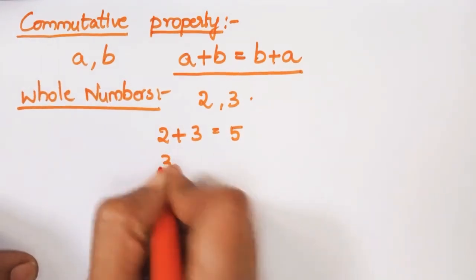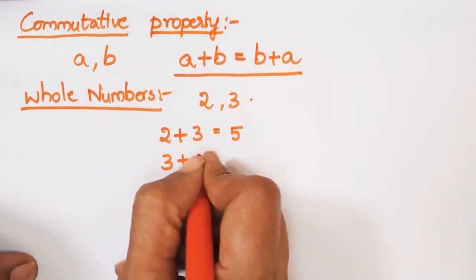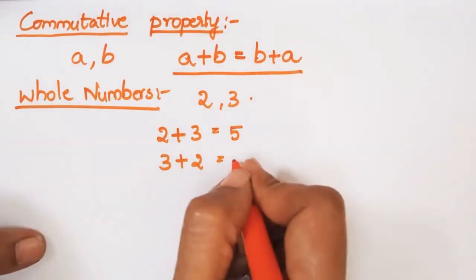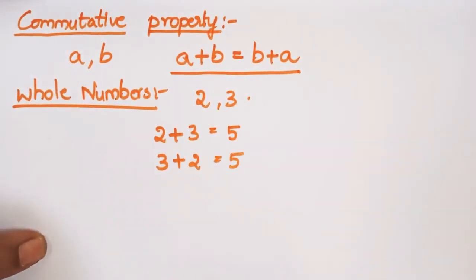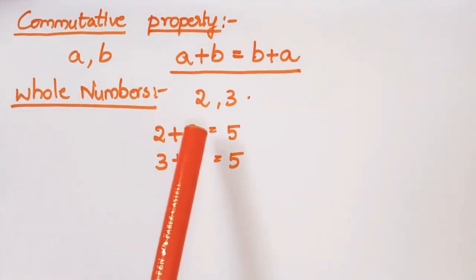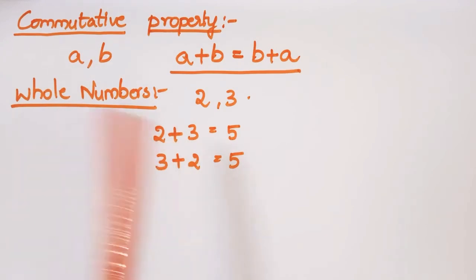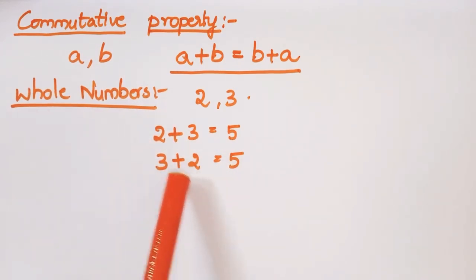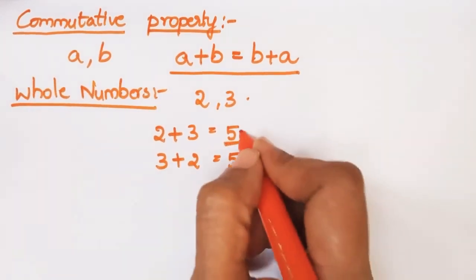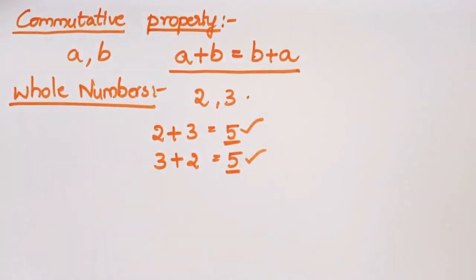Firstly I will take 3, then I will add 2 to it. What is my result? Of course, it is also 5. See, even though I have changed the order of addition, that is 2 plus 3, secondly I have done 3 plus 2, still I have got the same result, 5 and 5.